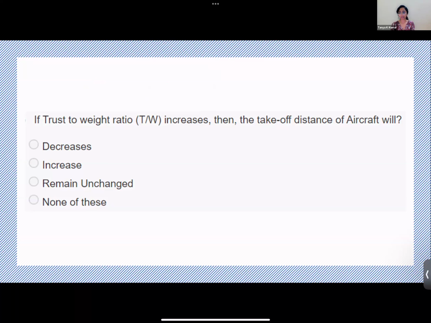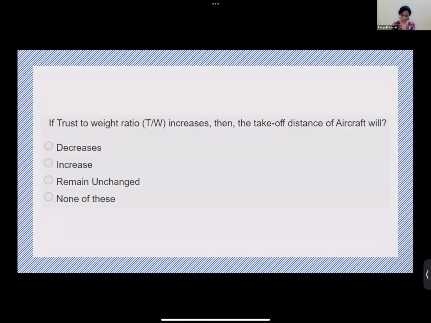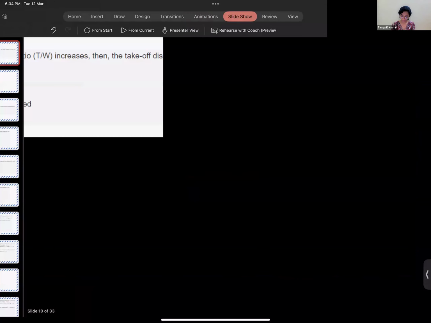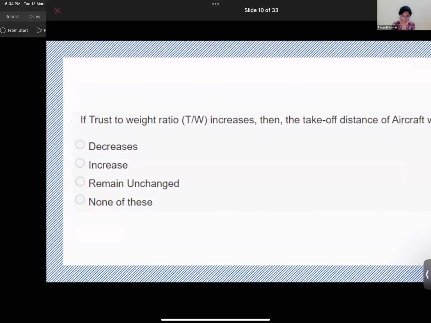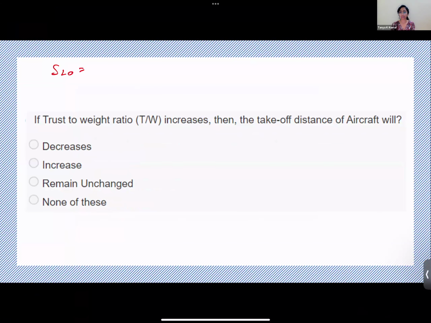Decreases. Okay. What was the equation? This S liftoff. Oops. So S liftoff, what was the equation? Do you remember the equation? You're saying decreases, but how? Can you tell me what is the equation?